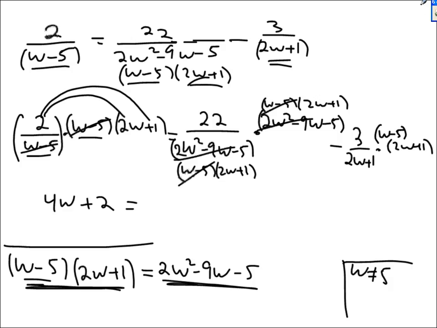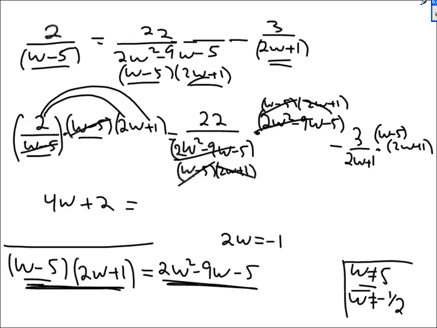The w minus 5's cancel out to 1, provided w is not 5. I already have that. This cancels out to 1, provided that 2w plus 1 is not 0. That is, 2w is not negative 1. Divide by 2, w cannot be negative a half.